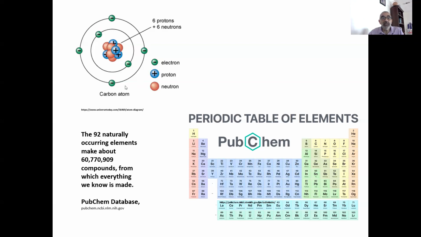The outer electron shell, for example, of carbon, will interact with the outer electron shell of oxygen, and 2 oxygen atoms can come in and share their outer shell electrons with carbon and make CO2, carbon dioxide.